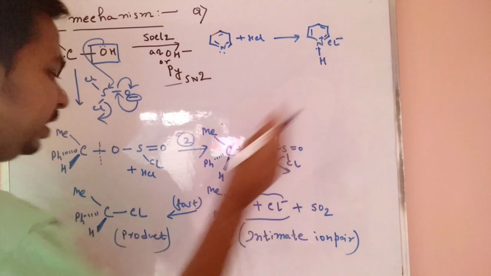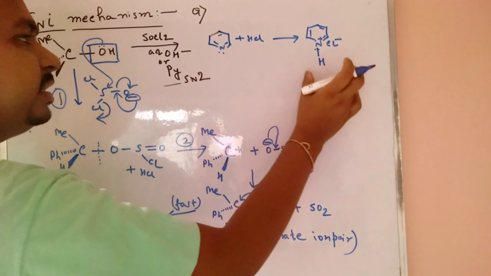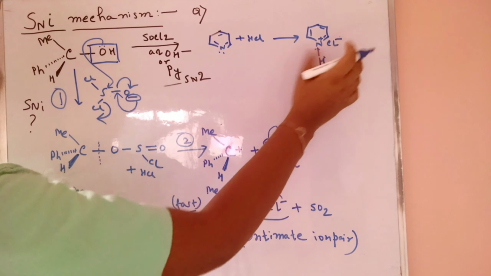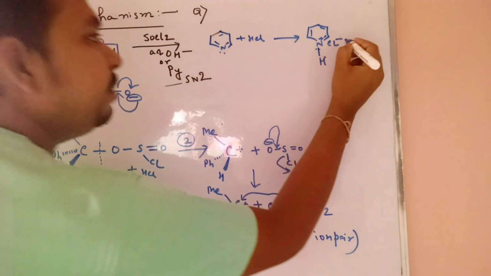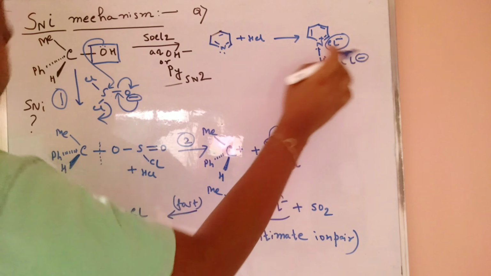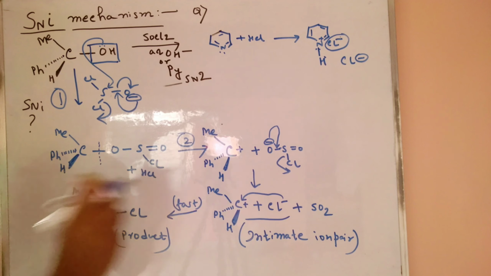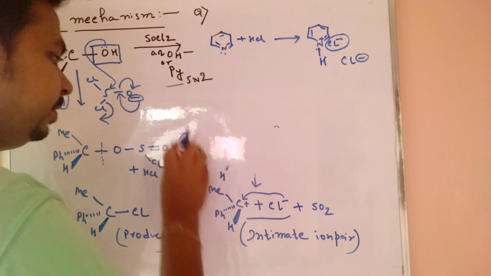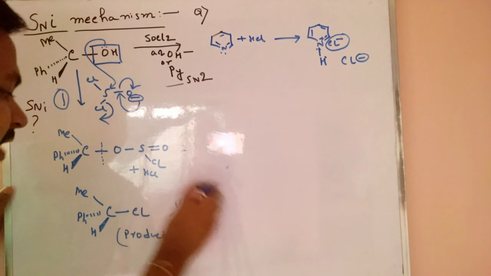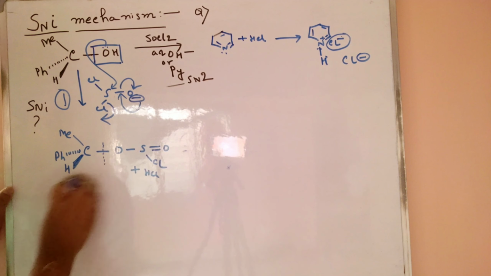So after formation of this pyridinium HCl complex, the Cl minus is free here. So this free Cl minus is one of the very important points we also discuss.